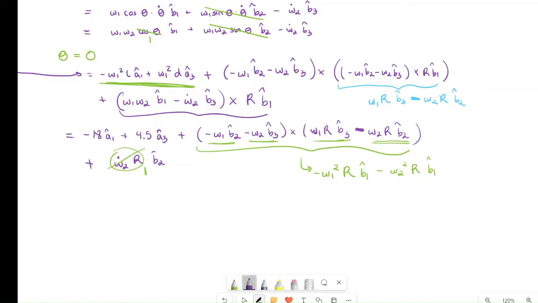So now my final result is negative 18 a1 hat plus 4.5 a3 hat. And then this omega 1 squared r minus omega 2 squared r is going to be equal to 3 squared times 0.5 minus 4 squared times 0.5, which is just 25 divided by 2, which is 12.5.